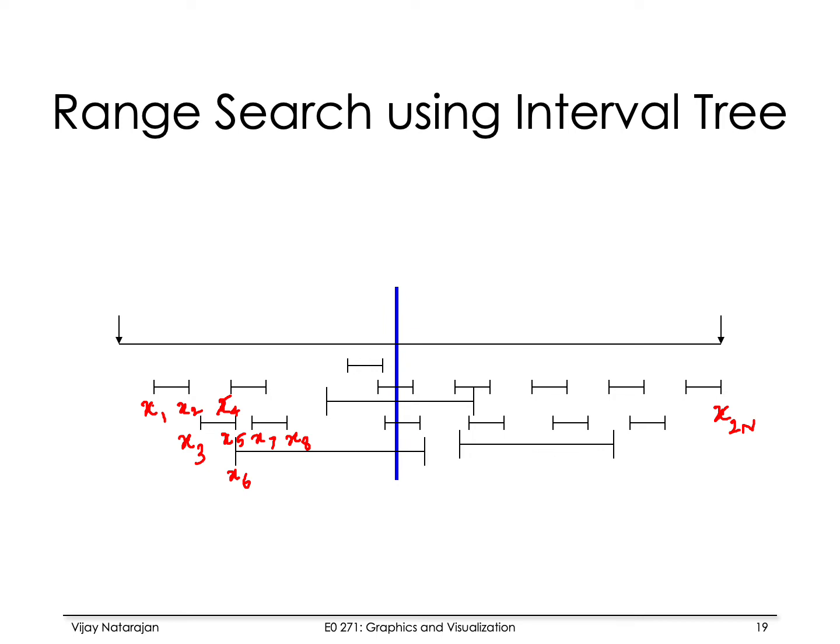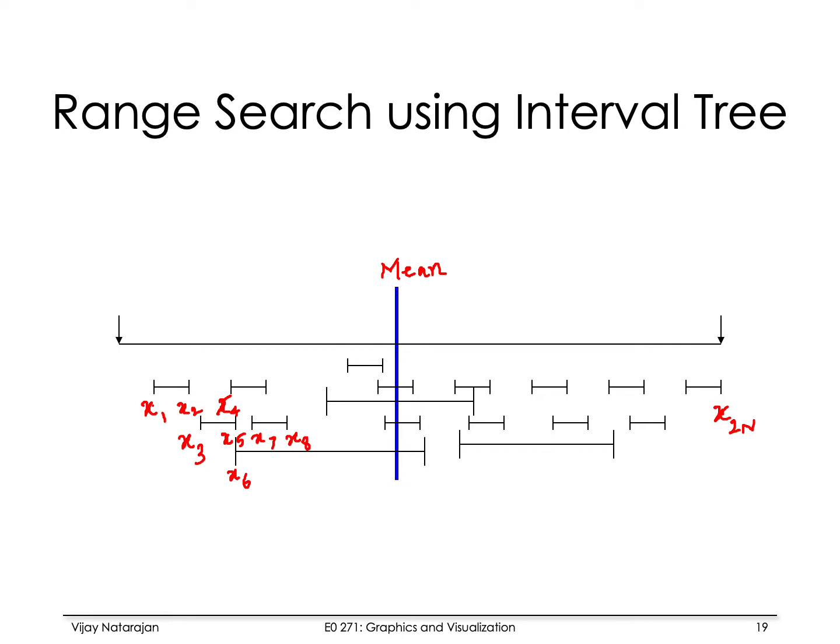We would like to choose one of the endpoints of the interval as the midpoint. So this was the earlier mean that was chosen as the partition for the subdivision, whereas now we would like to use something else.